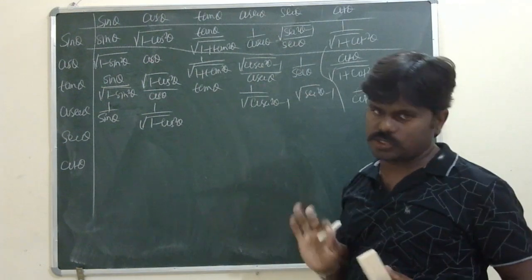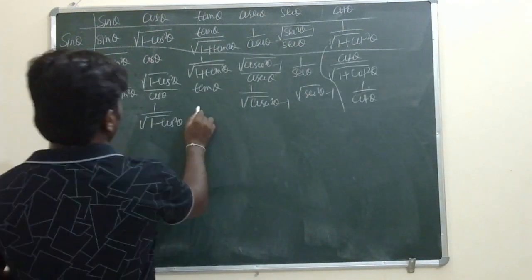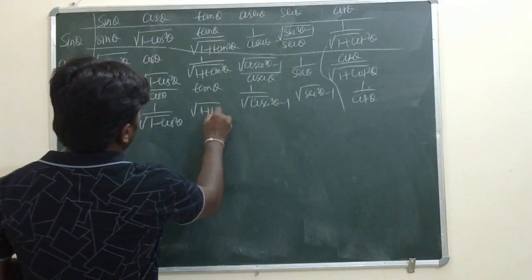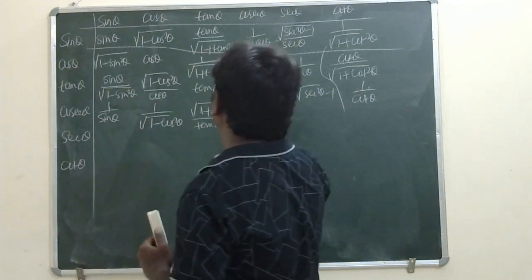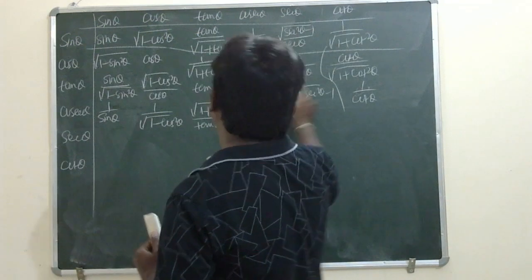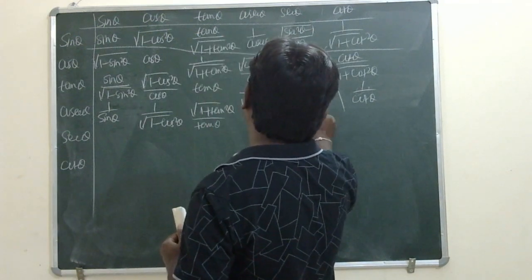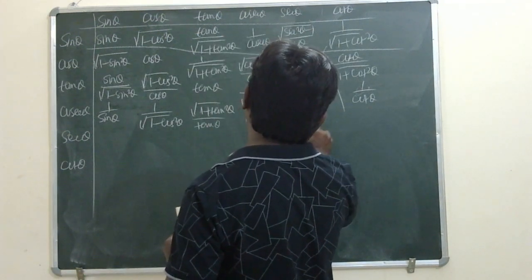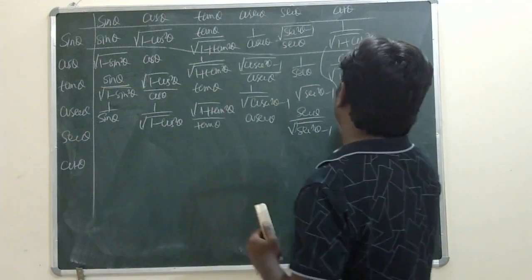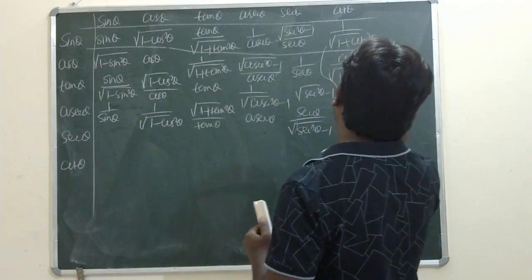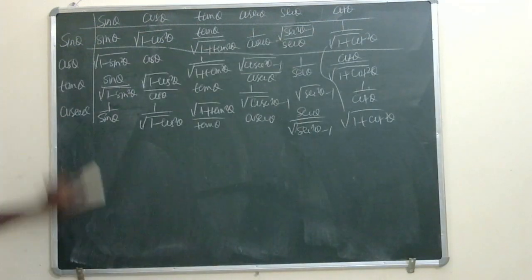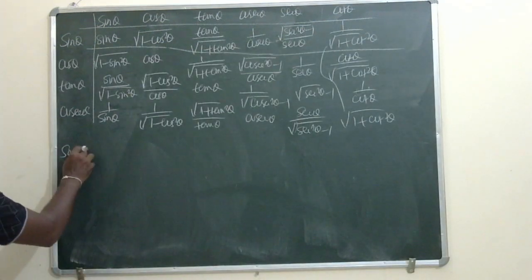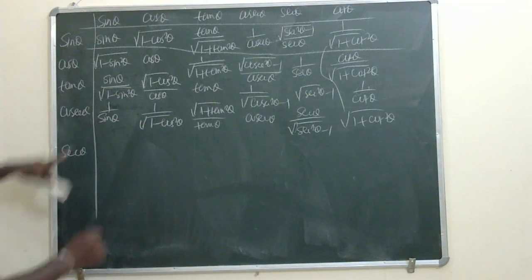So simply take the reciprocal of these values, we will get the cosecant theta in terms of the remaining trigonometric ratios. So here square root of 1 plus tan square theta divided by tan theta, and here cosecant theta in terms of cosecant is cosecant only, and here secant theta divided by square root of secant square theta minus 1, and here square root of 1 plus cot square theta. And now here secant theta in terms of secant theta. So secant theta means 1 by cos.